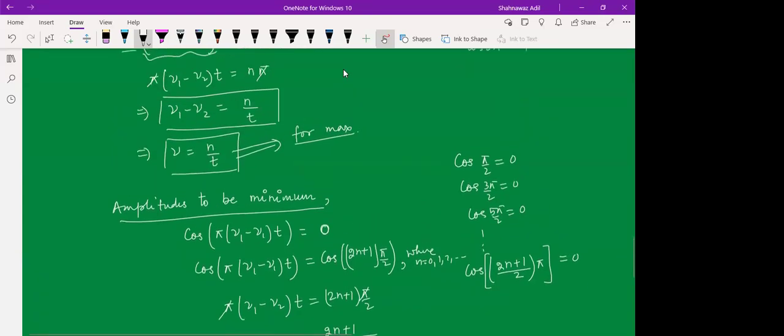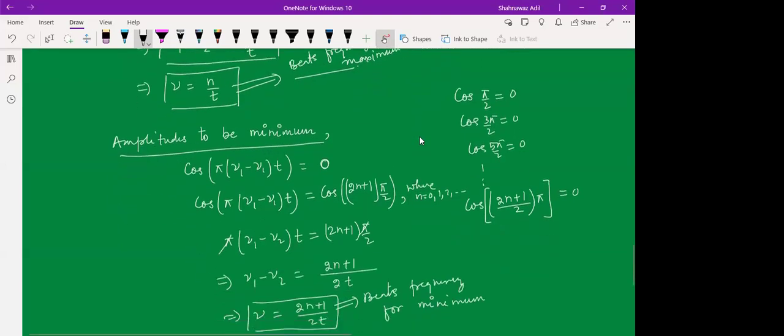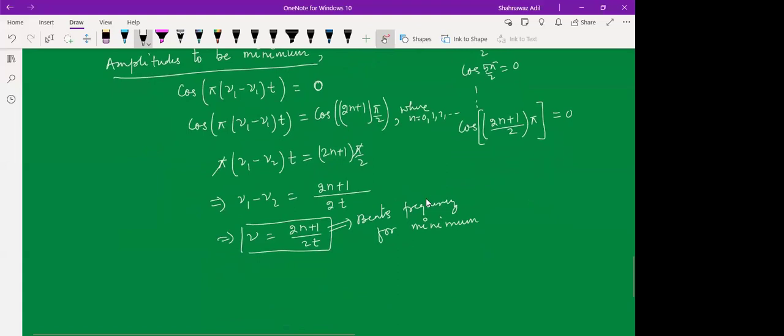And this is the beats frequency for maximum amplitude. Right. So these are the things that you have.